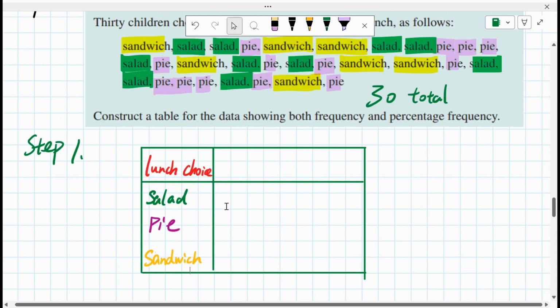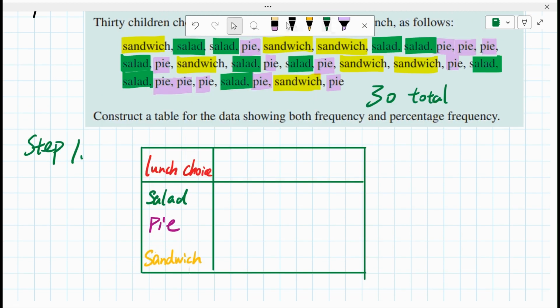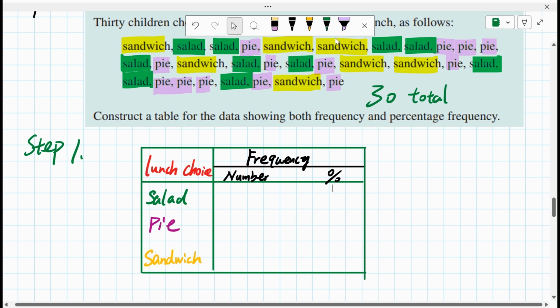And then we're going to say the frequency, which is in here. So I'm going to set up frequency here, with numbers and percentage. Okay. What does that mean, actually?